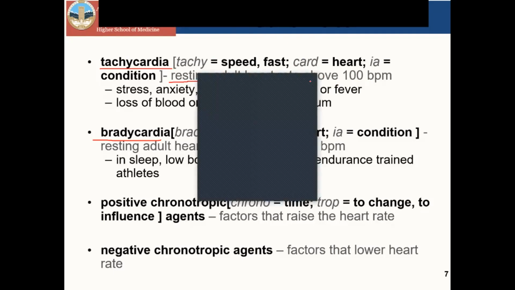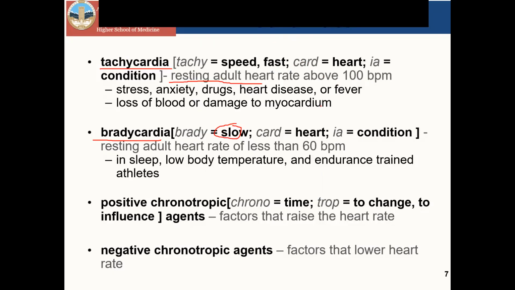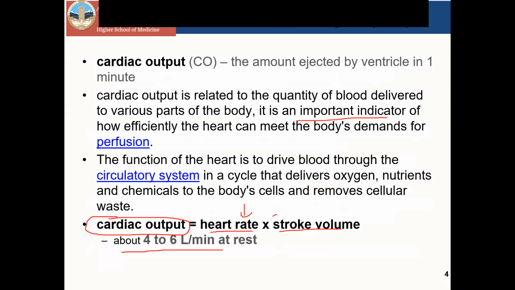Because males have a larger heart. If we go back to cardiac output, for example, cardiac output is the amount of blood that leaves our heart per minute for our body's needs.